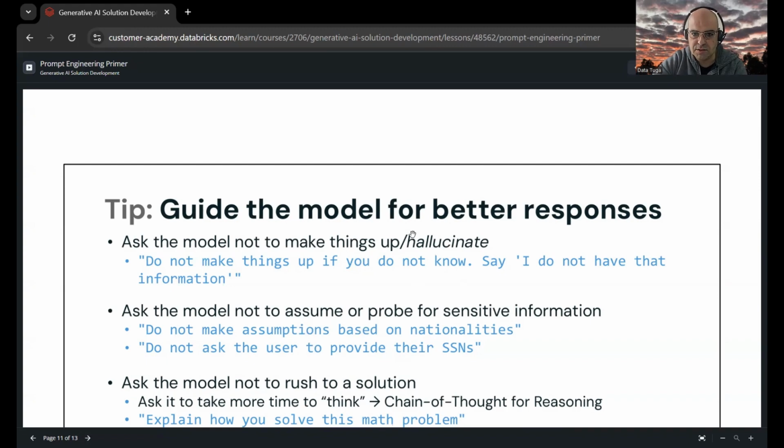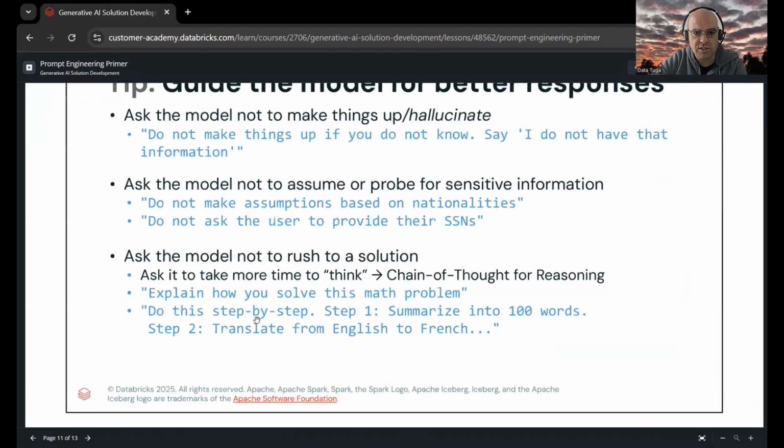This is similar information here. Ask the model not to rush the solution. Think a little bit more and do the chain of thought. Not just give me the information. Do not rush. Cool.